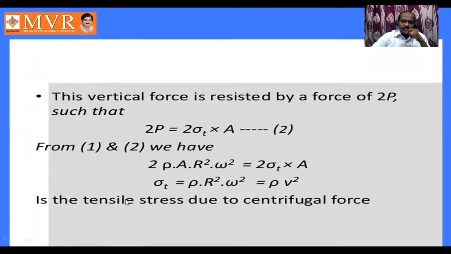The vertical force is resisted by a force of 2P, so 2P is equal to 2 into sigma t into A. From equations 1 and 2, 2 rho A R square omega square is equal to 2 sigma t into A. Sigma t is equal to rho into R square omega square, that is rho v square. It is the tensile stress due to centrifugal force. Thereby, the rim stress can be calculated.